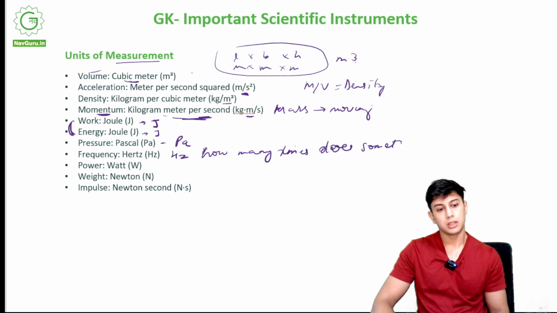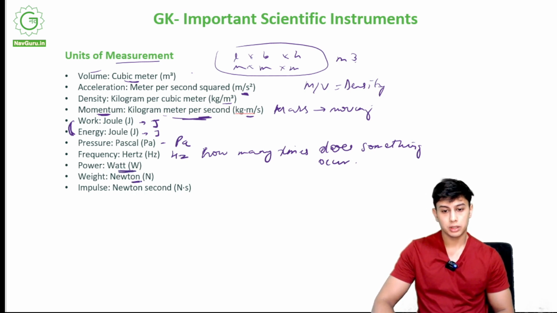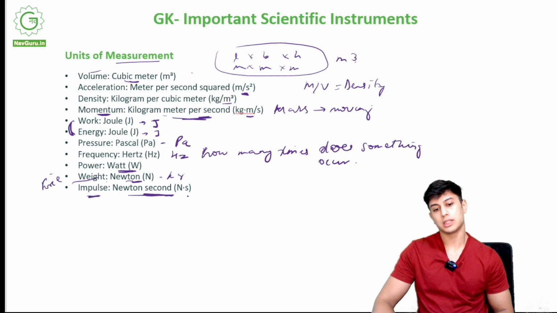Power is watt, weight is in Newton, right, or kgs, right? The force that we exert, this is force, better write it as force. Impulse is Newton second, impulse, right?